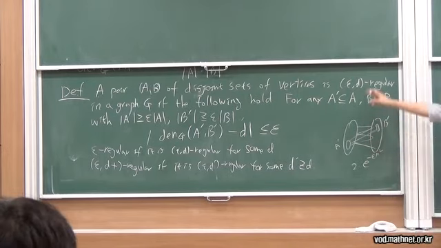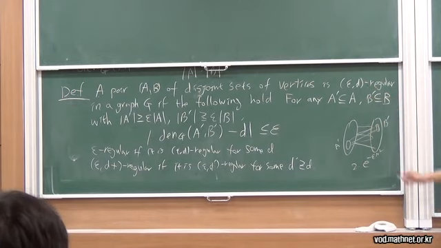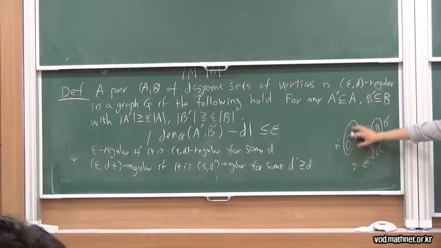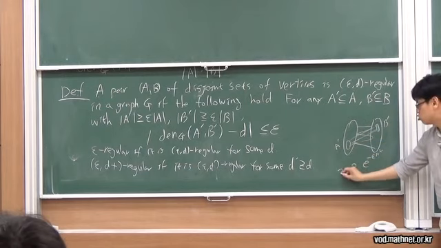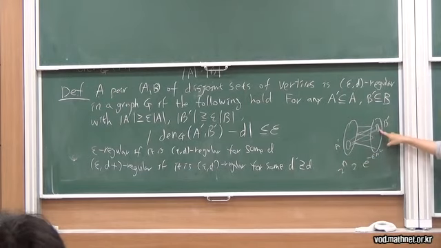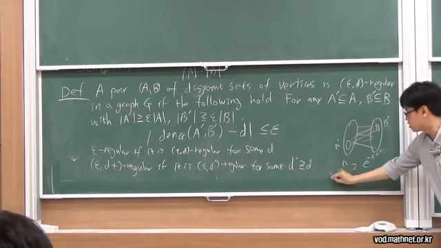This small number may be some different epsilon. Then the number of choices we can take for A prime is 2 to the n, and the number of choices for B prime is another 2 to the n.